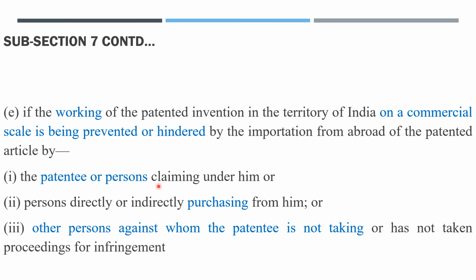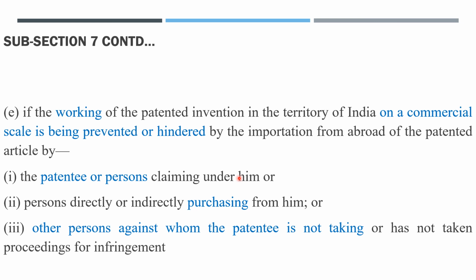By the patentee or persons claiming under him, or persons directly or indirectly purchasing from him, or other persons against whom the patentee is not taking or has not taken proceedings for infringement. So we can say, friends, this way subsection 7 is also, I hope, pretty much clear now.